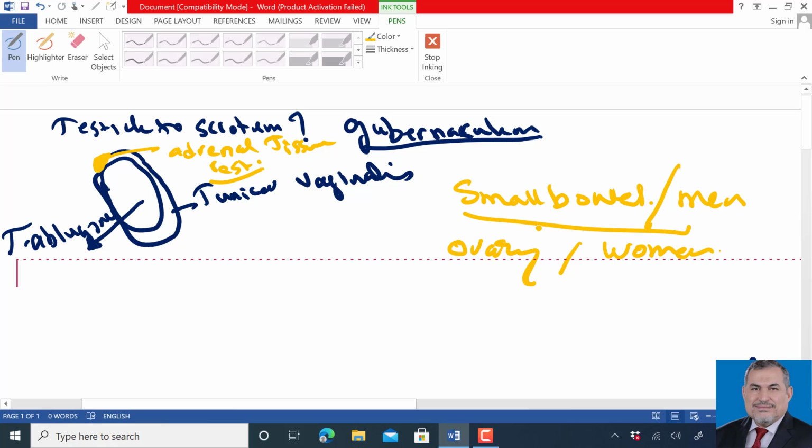What is instead of vas in inguinal hernia in females? Round ligament.